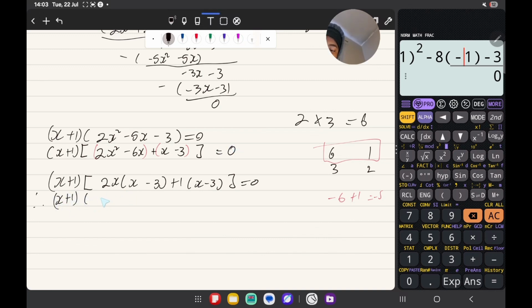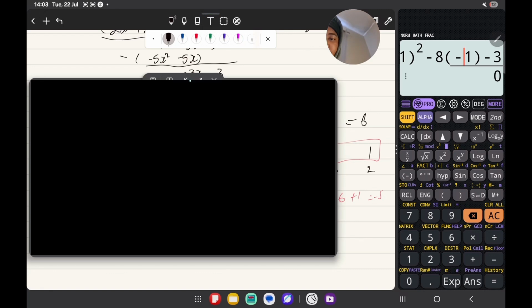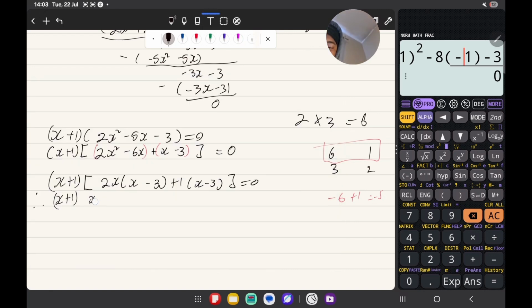Then you have x minus 3, you have 2x plus 1 equals 0.